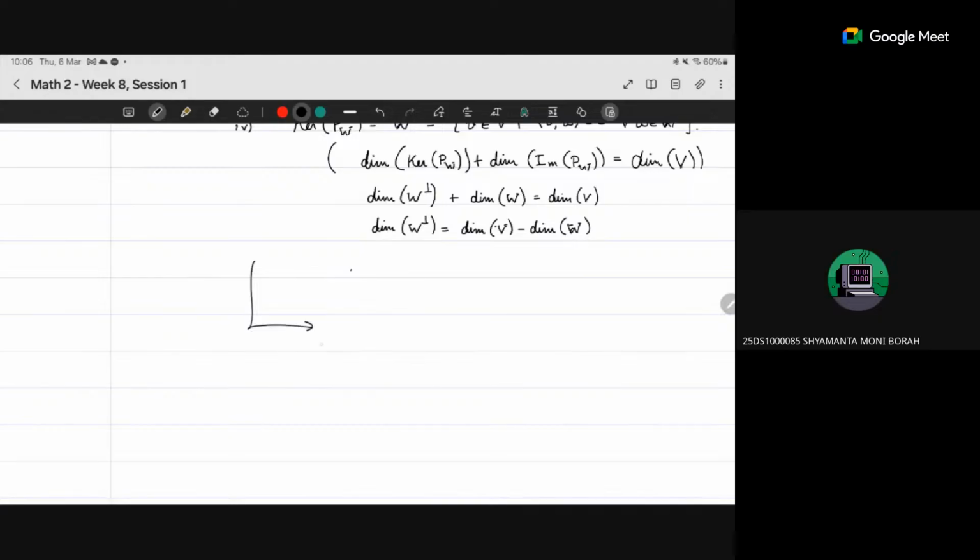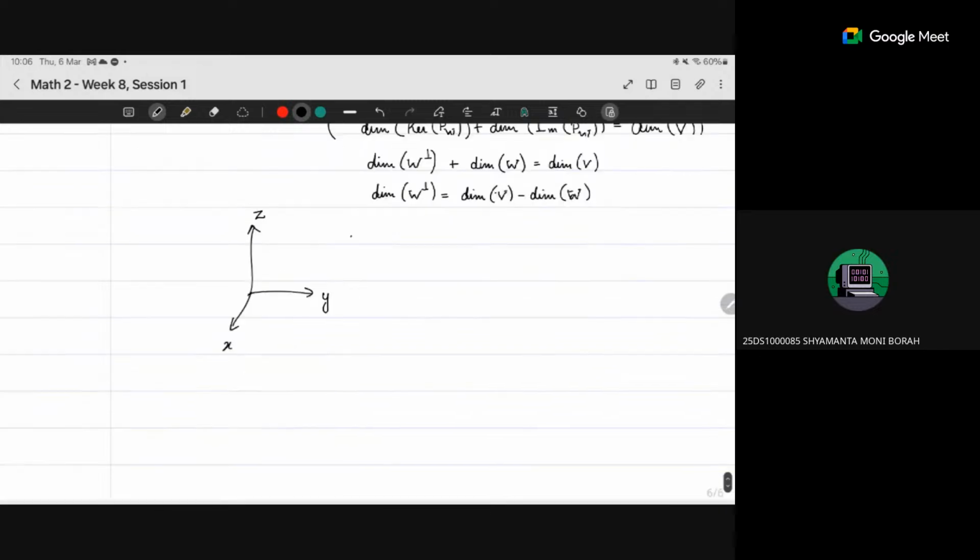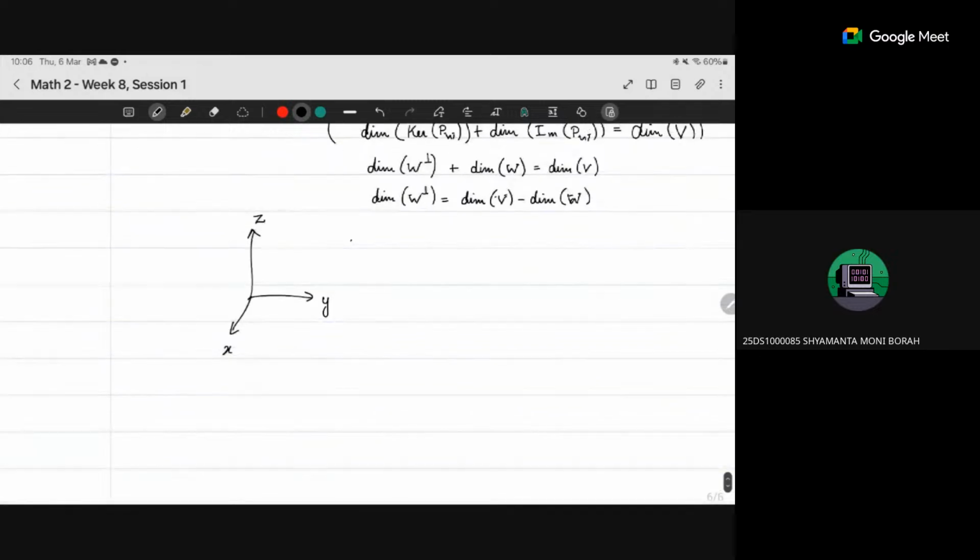If I take, for example, the y-axis, with points x, y, z, and I take the y-axis as my one-dimensional subspace, what are all the vectors which are orthogonal to it? It has to be the xz plane, right? So the entire xz plane. Any vector in it would be orthogonal to it. So this angle would be 90 degrees.